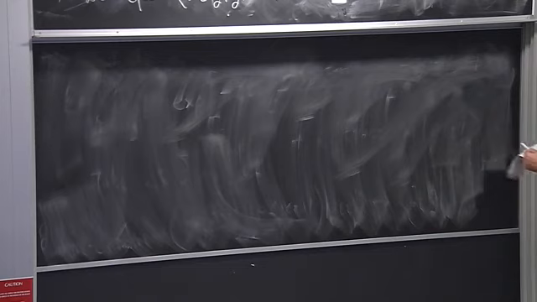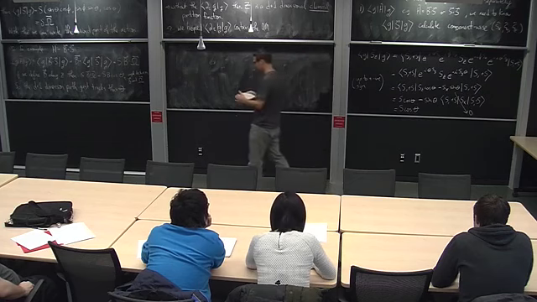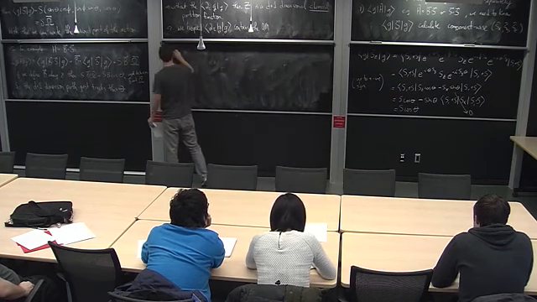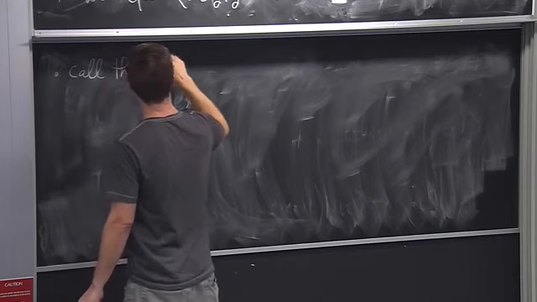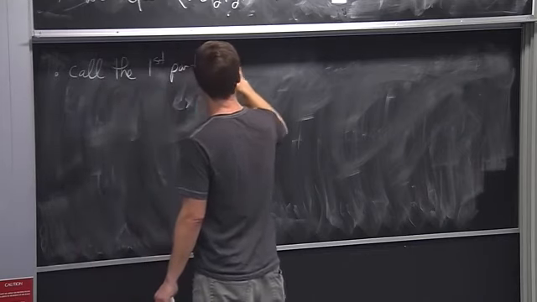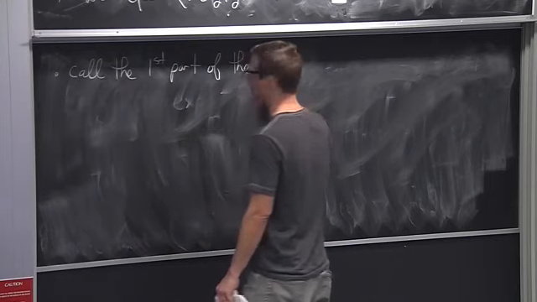So we're going to call the first part of the action the topological piece. And you'll see why in a minute.